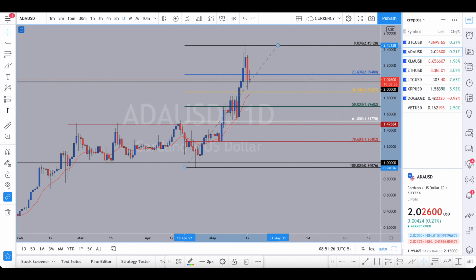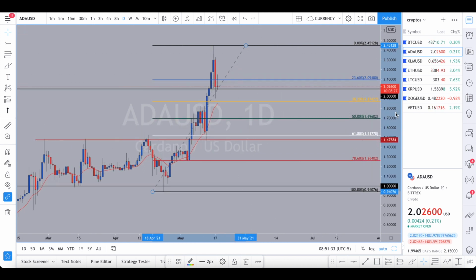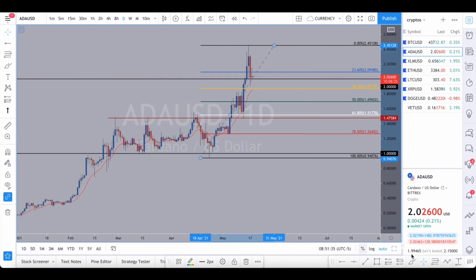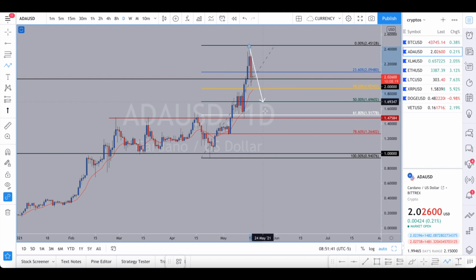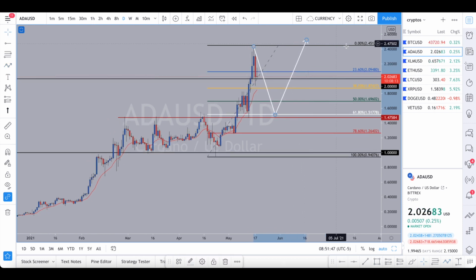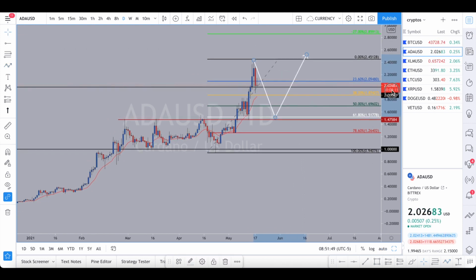50% discount on this overall move, 61% discount on this overall move, because usually what you see is on the retracement, for the ones not too familiar with how the Fibonacci retracement works, you will see basically ADA maybe retrace off one of these levels before coming out and rising to higher highs and continuing this bull market, this beautiful bull market that it's in right now.